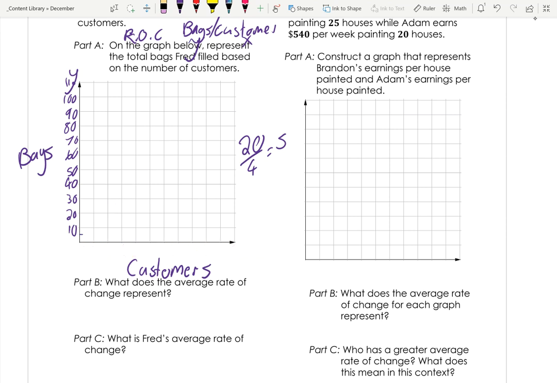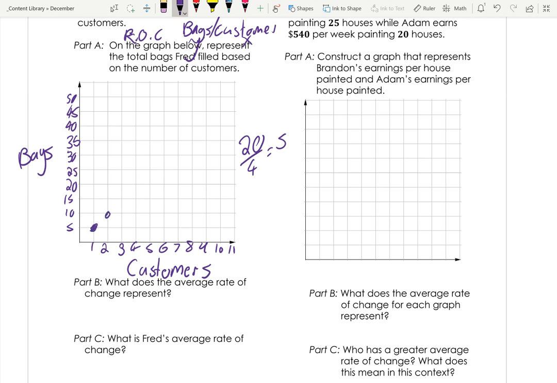Because if you write your axis even a little bit different. So let's imagine I wrote my axis by 1s and 5s, right? 1, 2, 3, 4, 5, 6, 7, 8, 9, 10, 11. And I wrote it by 5s. 5, 10, 15, 20, 25, 30, 35, 40, 45, 50.